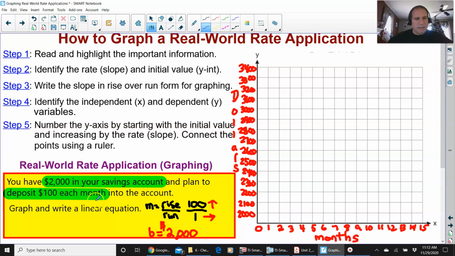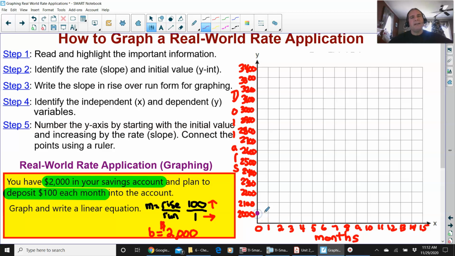So, very interesting here. We do not start at 0, 0. Please do not start at 0, 0. Start at whatever this person had in their account as the initial value. We had 2,000. This person had $2,000. I'm going to go to 0 months and 2,000.